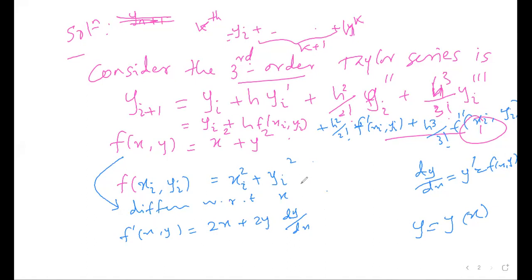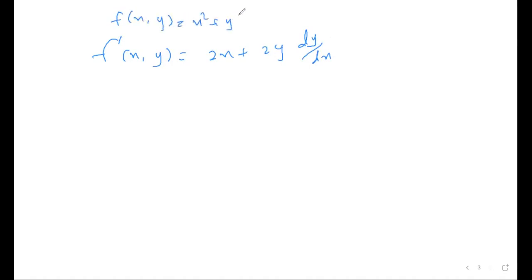I'm going to continue in the next window. Please take down all the things. Okay, so let's continue. f dash of x comma y gives 2x plus 2y dy over dx. Earlier, f of x comma y is equal to x squared plus y squared, which is our dy over dx.